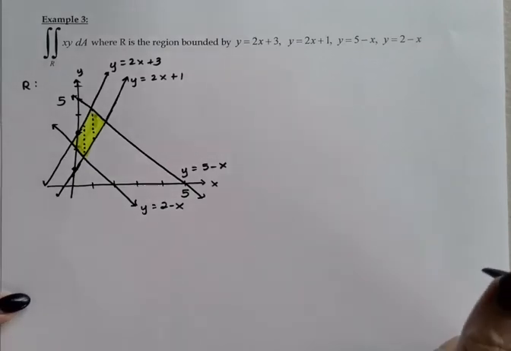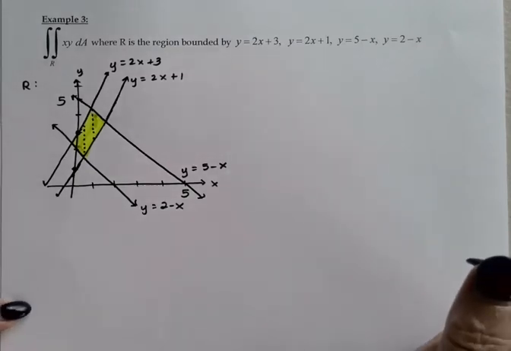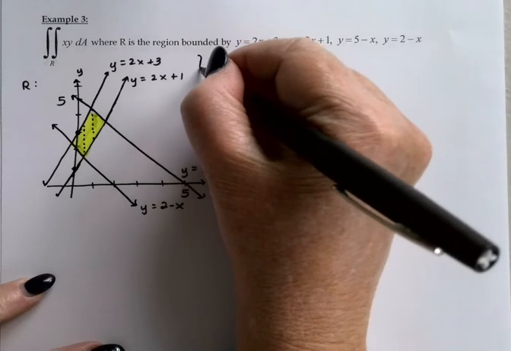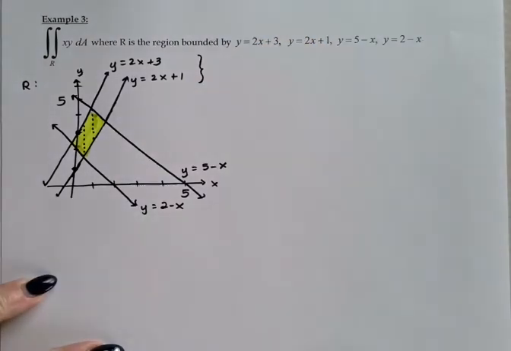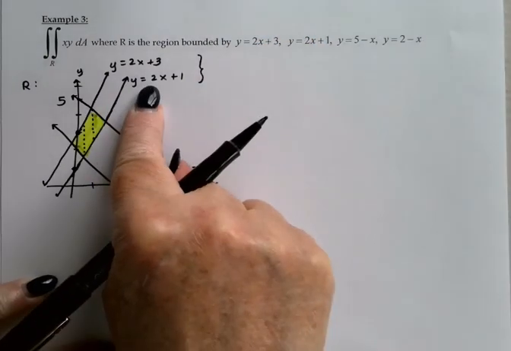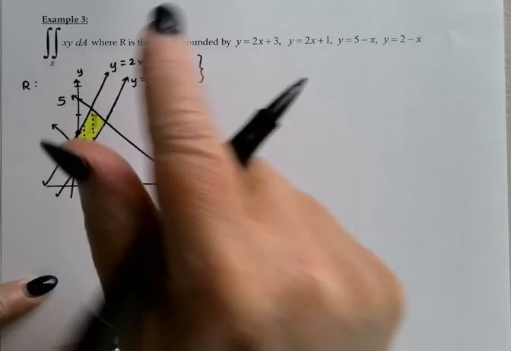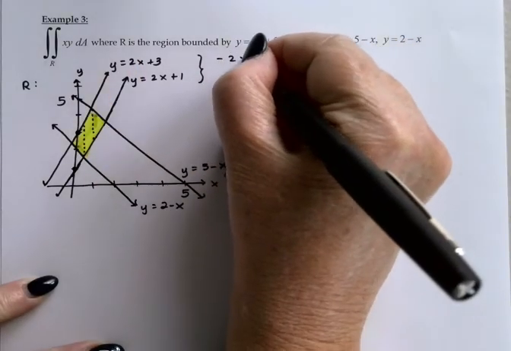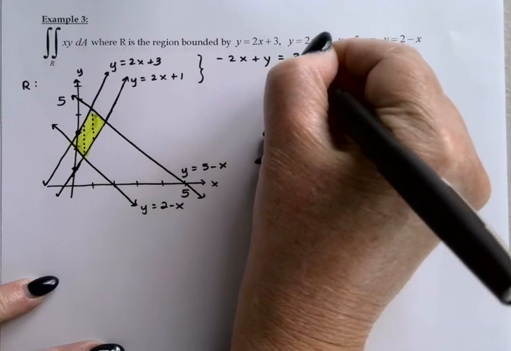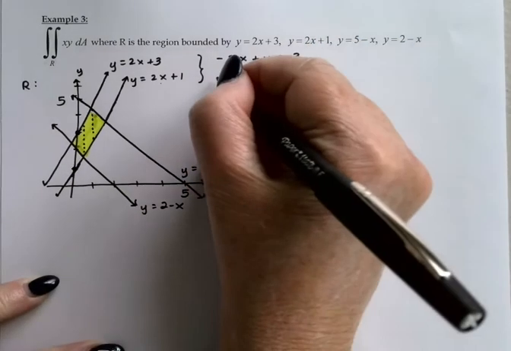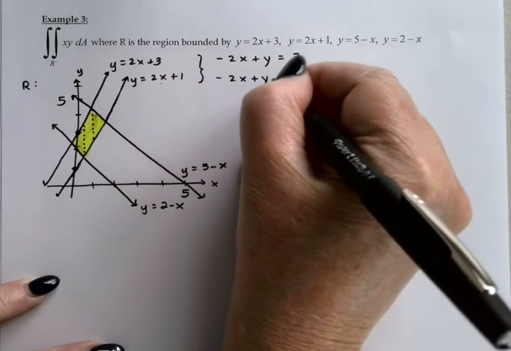This happens really often when you have parallel lines. Here's what I'm going to do. I'm going to take a look at those 2 equations, and I'm going to say, if I were to subtract the 2x, I would have negative 2x plus y equals 3, and down here I would have negative 2x plus y equals 1.